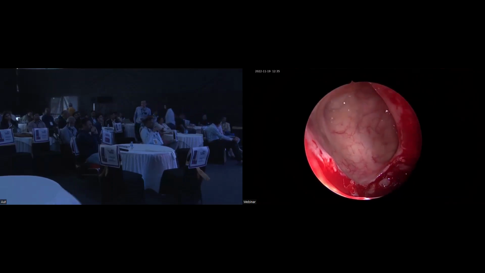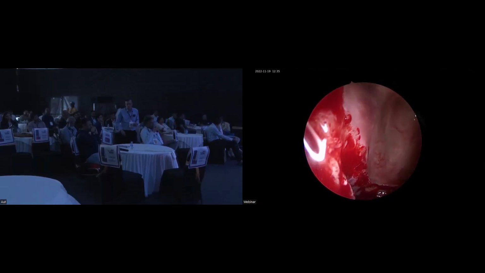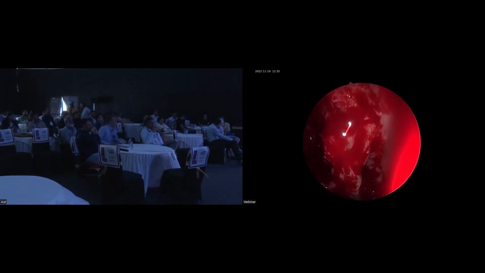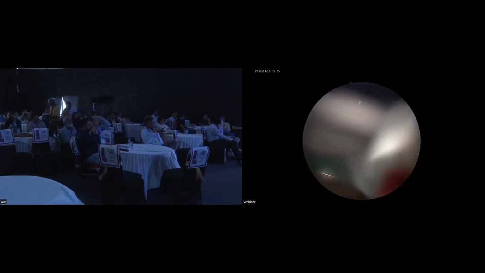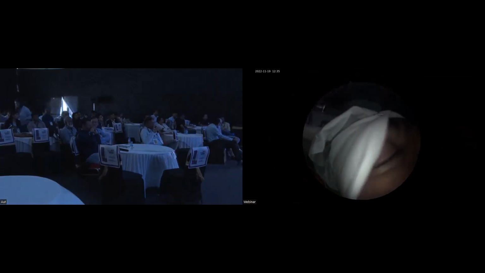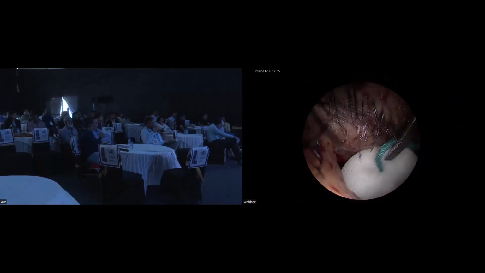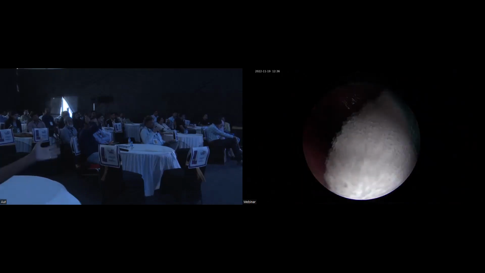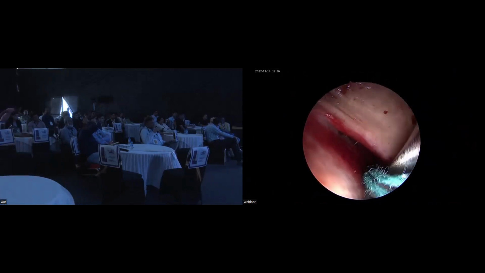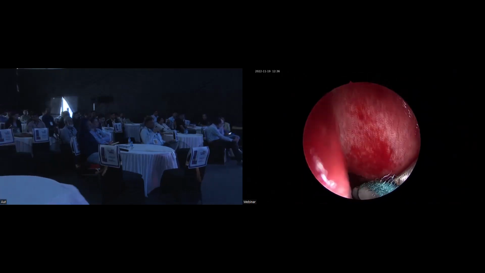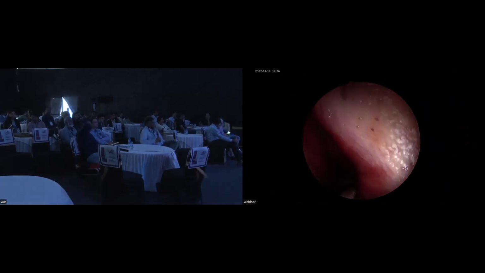So this is a clear maxillary sinus. That little polyp which was there, we have already debrided. Just put a little 4% and I'll switch my scope to 0 degree.